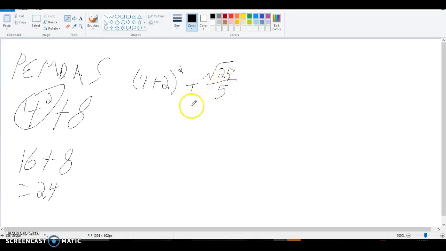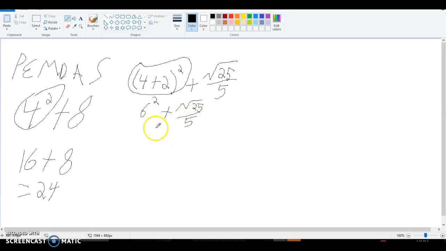So we're going to go through order of operations again using PEMDAS. You look for parentheses and you see right here that you have 4 plus 2 in parentheses, squared. So you're going to add those together and you're going to get 6 squared, followed by the rest of your equation, which is plus the square root of 25 over 5.